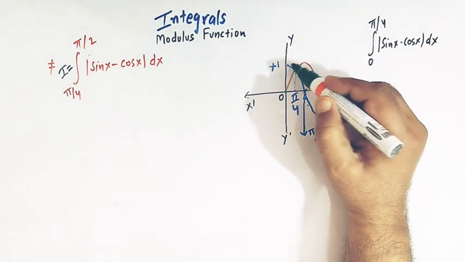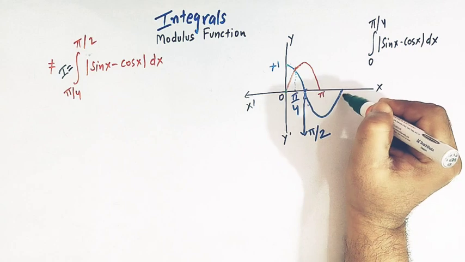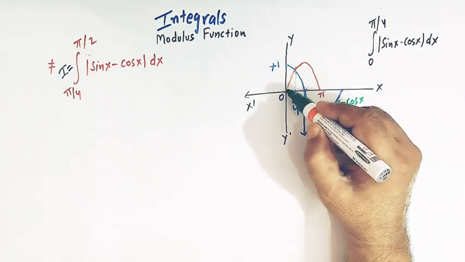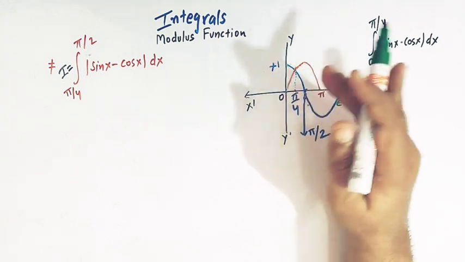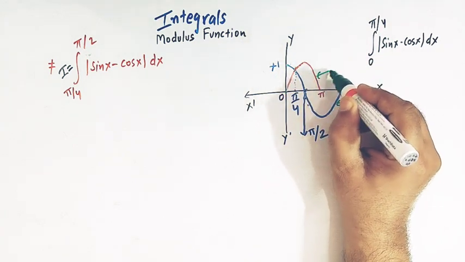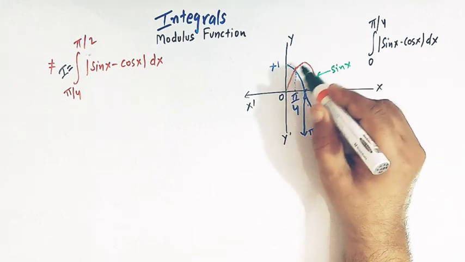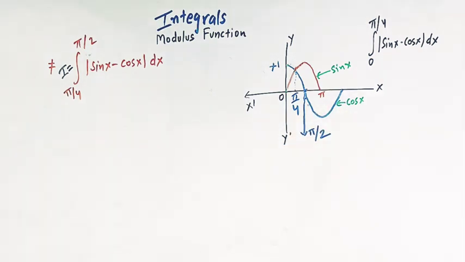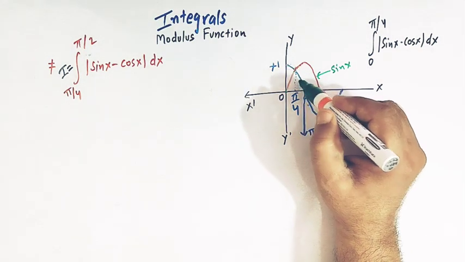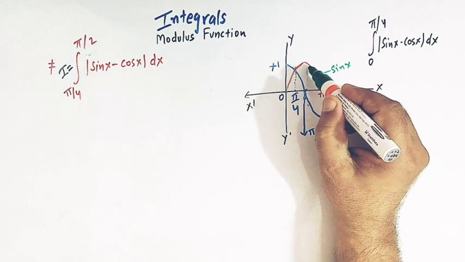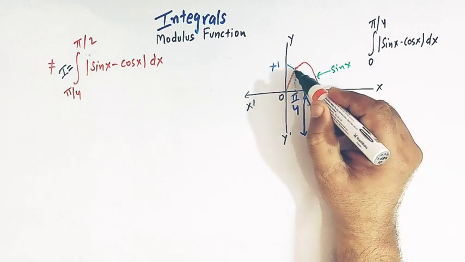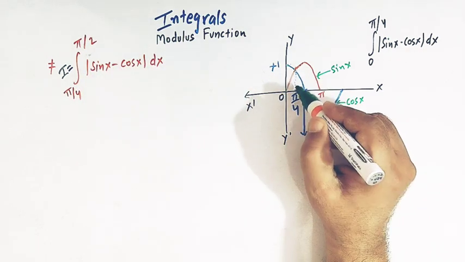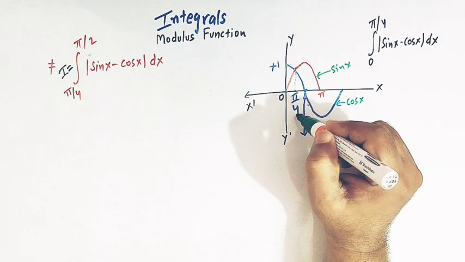Now see here, this blue curve shows the graph of cosine x, and here we have drawn only the upper part of sine x. So the red curve shows sine x and the blue curve shows cosine x. It is quite evident from these two curves that sine x and cos x intersect at this point, that is pi by 4.